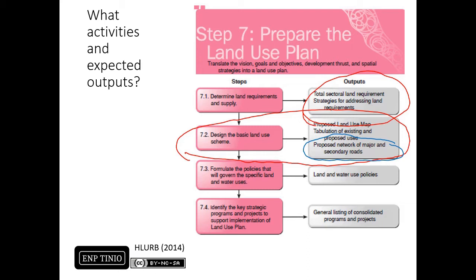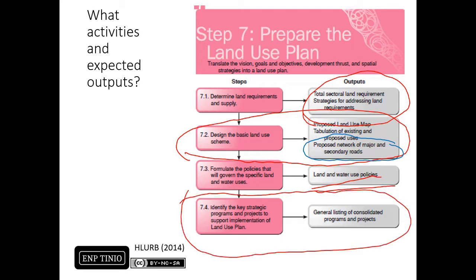As a comprehensive plan, the comprehensive land use plan should also include policies for water resources, especially municipal waters. The broad strategies, programs, and projects of the local government can be institutionalized through the comprehensive land use plan.